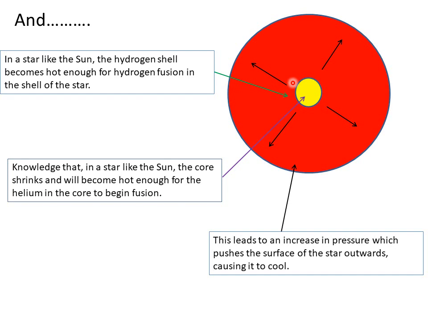Right, so what we've got now is a situation where the hydrogen in the shell of the star has compressed enough that it can start fusing together again. So we've got nuclear fusion now happening within the hydrogen in the shell, and the core has got helium in it. And the helium in the core has now actually started to fuse together too. How has that happened?